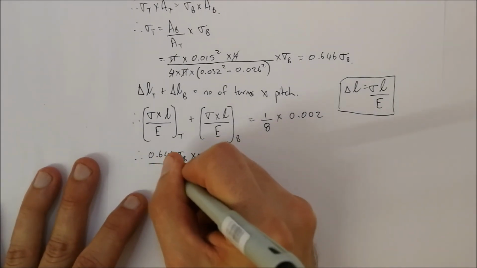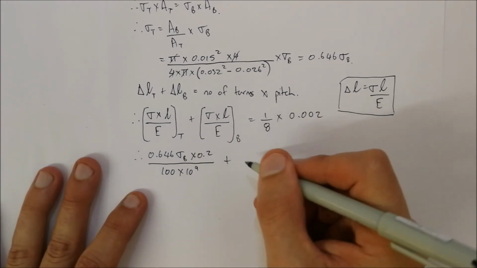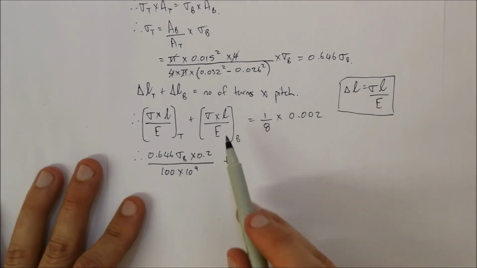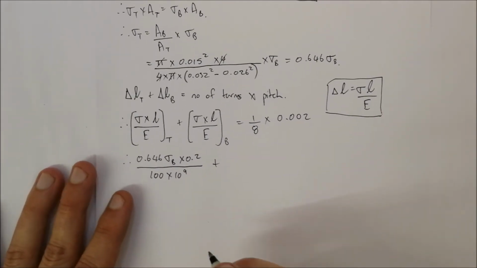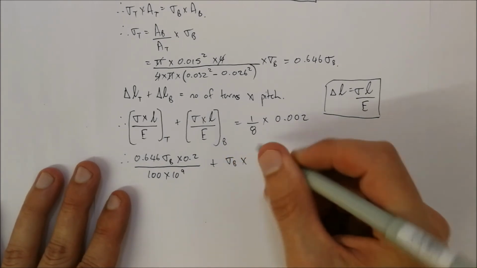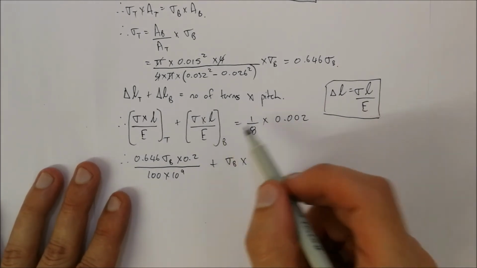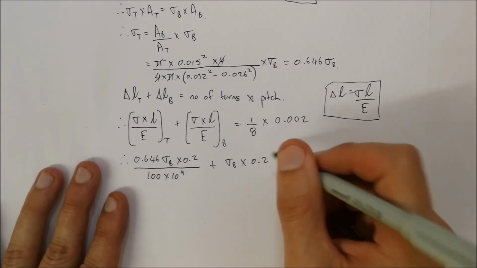So let's divide by 100 times 10 to the 9, plus. Okay, so now we've got the stress of the bolt. Okay, so we don't know what that is. We're busy calculating it. So that's the stress of the bolt multiplied by the length. The length we are told was also 200 millimeters, so that's multiplied by 0.2.